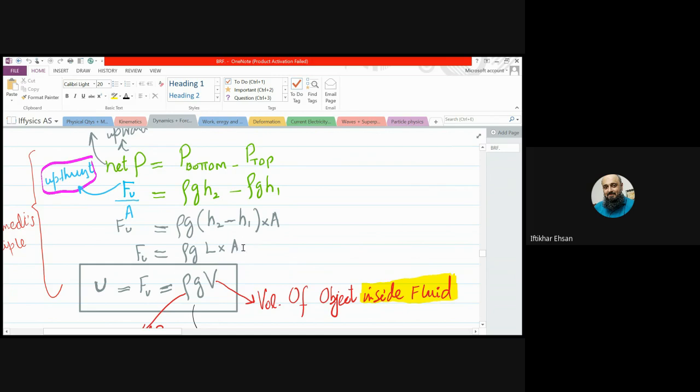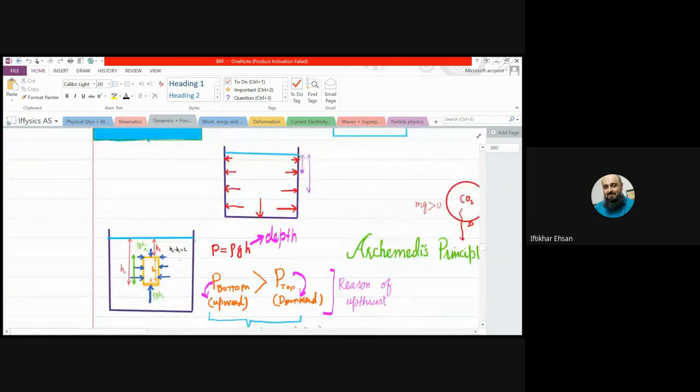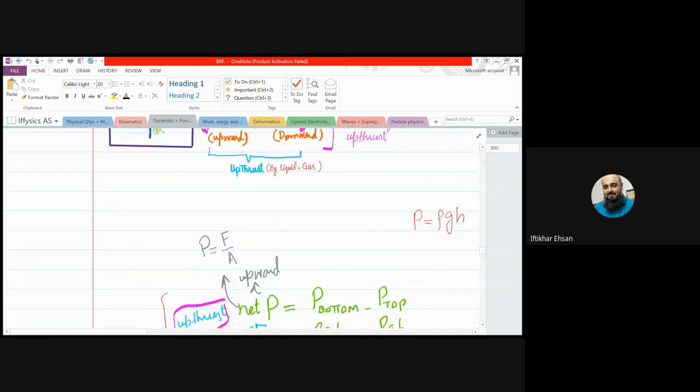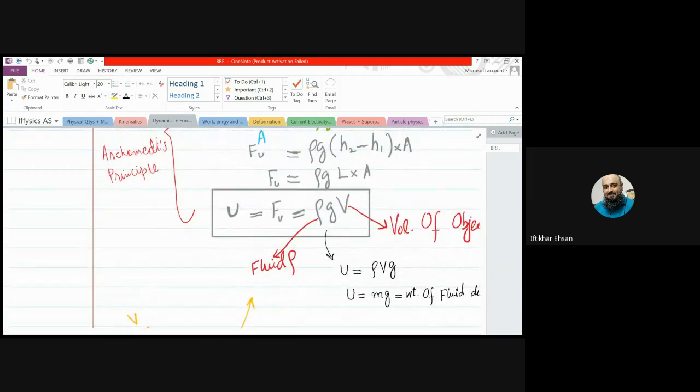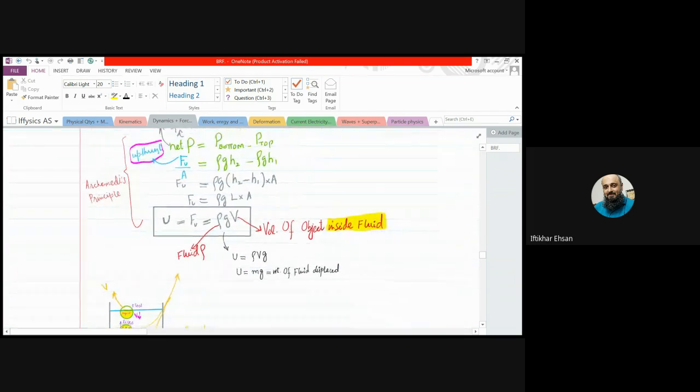And this is the area of cross section, the bottom area, or you can take the area of the top. Both are equal for this object. It is a cuboid object. So when the area of cross section is multiplied by length, that gives the volume. So this is the formula for the upthrust.